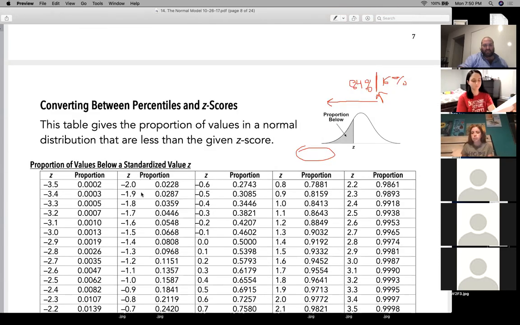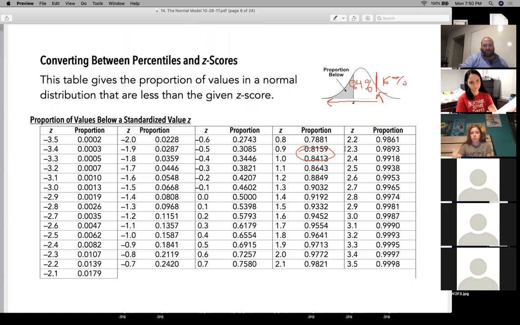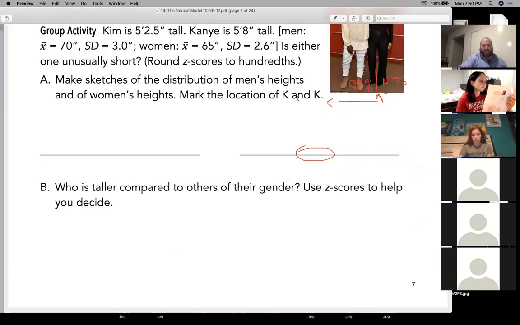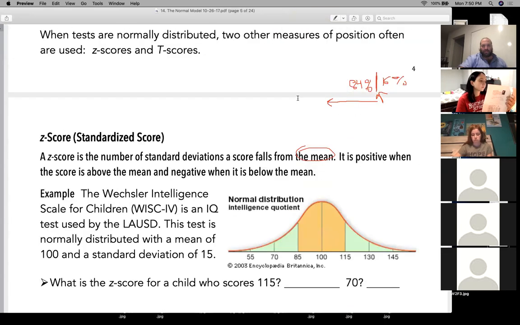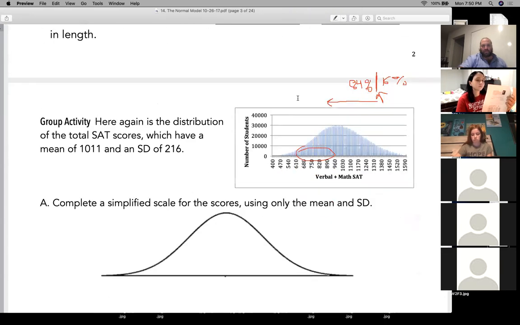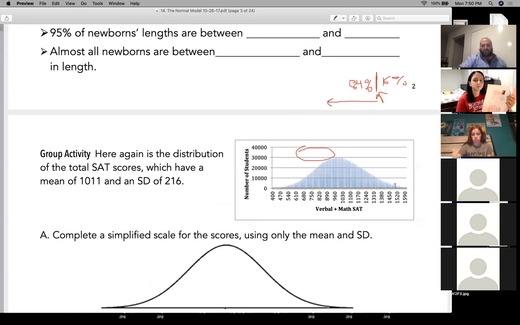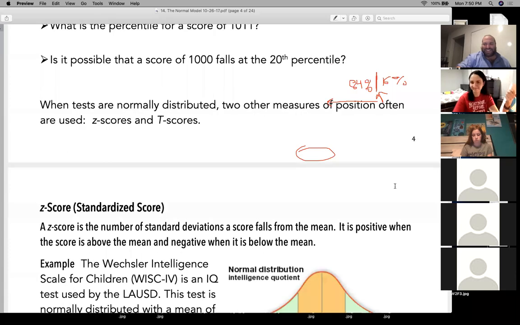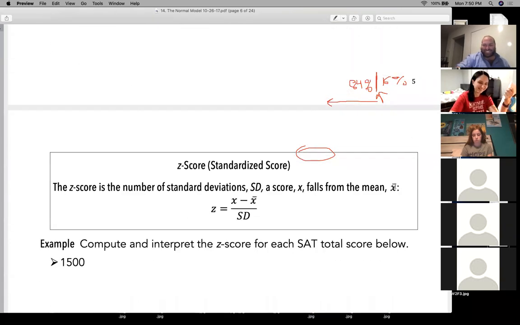So I go to my z table, and let's say I go to 2.3, which is the closest value. That tells me 0.9893, that about 99% of my data points are going to be beneath it. Where is 1500 on my SAT thing in the very beginning? The very far right. Does it make sense that 99% are beneath it? It jives. That's right.